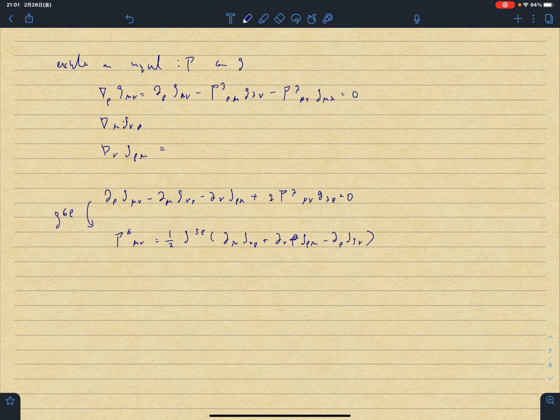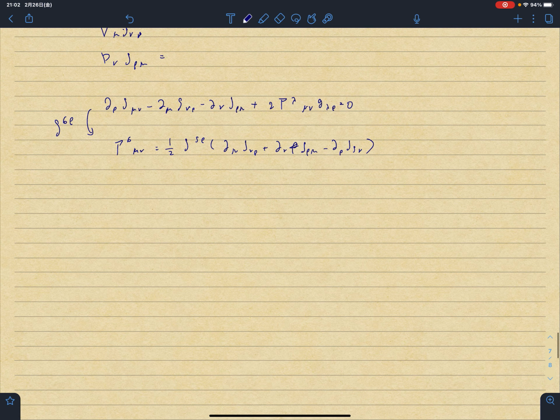We should mention some miscellaneous properties. First, note that in flat space with the Levi-Civita connection in Cartesian coordinates, the coefficients vanish, but not in curvilinear coordinates. Consider, for example, the plane in polar coordinates with the metric.